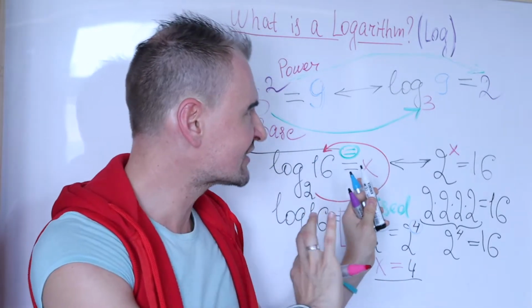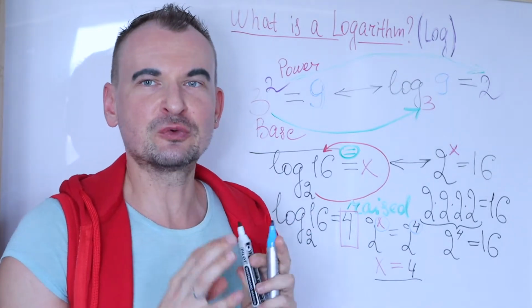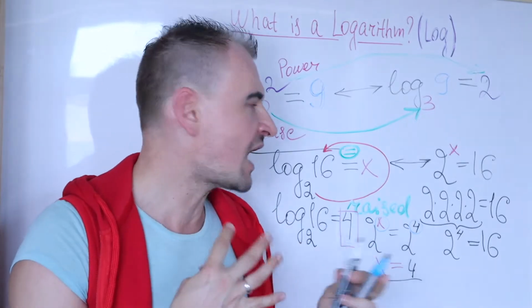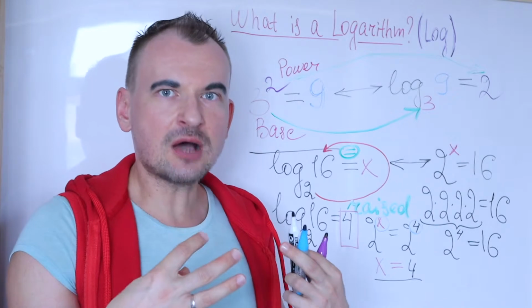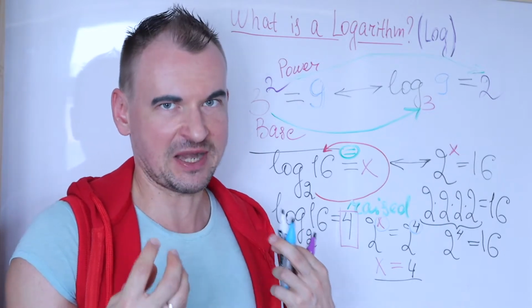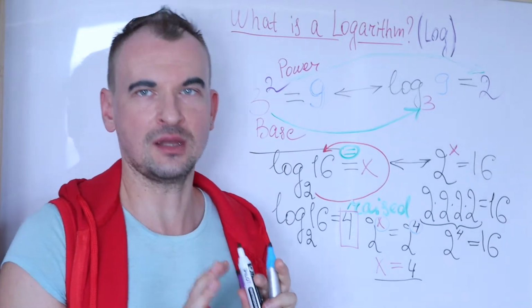Rewrite it as an exponential form, and basically you could come up with a basic exponential equation and figure out your x from that exponential equation, and that gives you the answer for the logarithm.